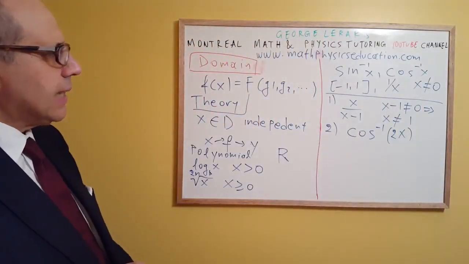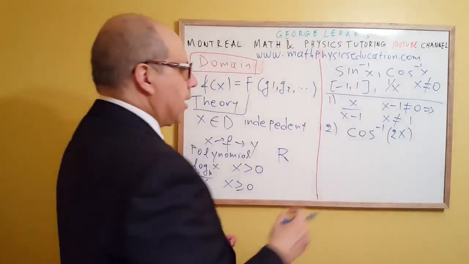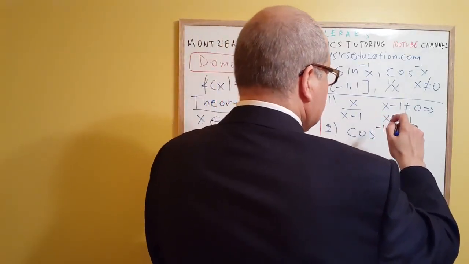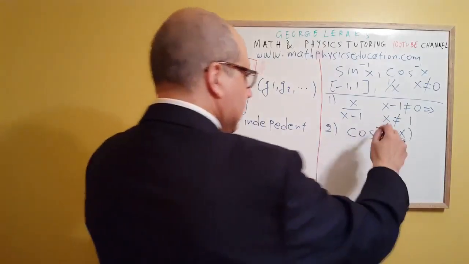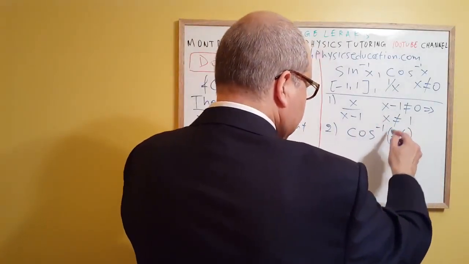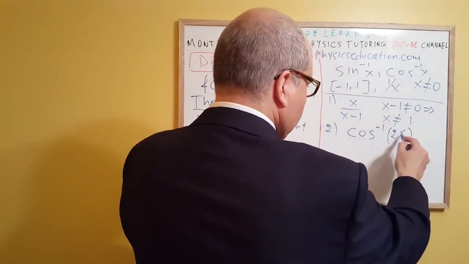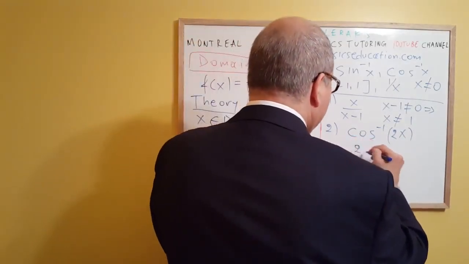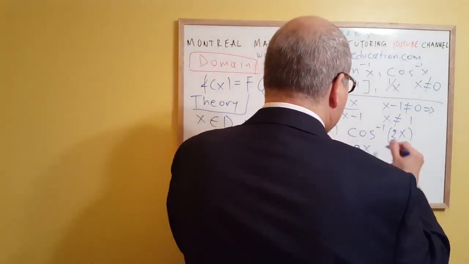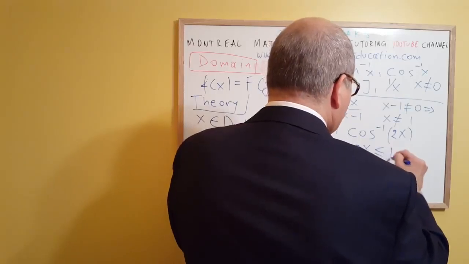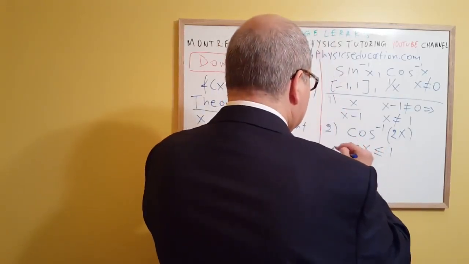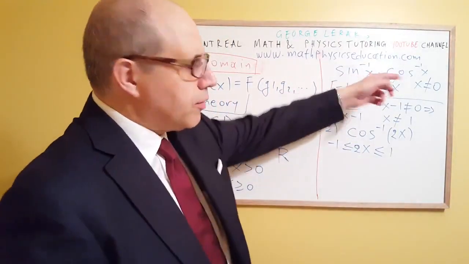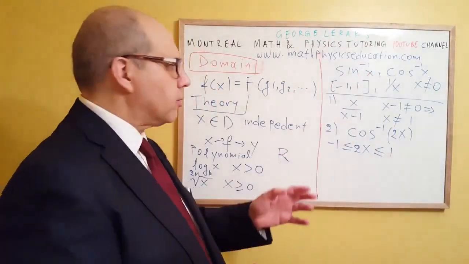That means that the domain of your function is the numbers x that make this function here, let's call this g1, to be between 1 and -1, because that's the domain of the inverse cos function.